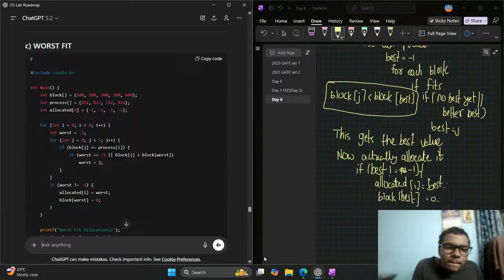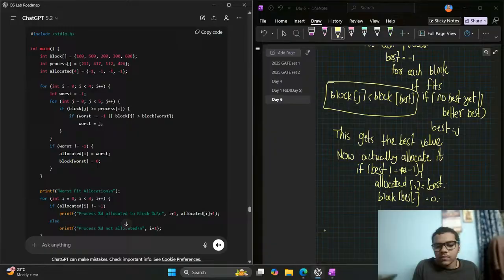It is the same. Worst is equal to minus 1, for each block, if the block fits, if block of j is greater than block of worst, worst is equal to j. Worst fit is exactly opposite.